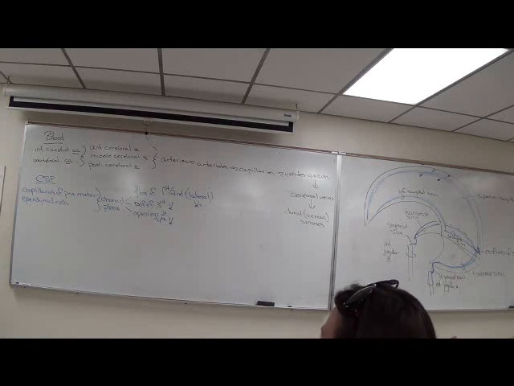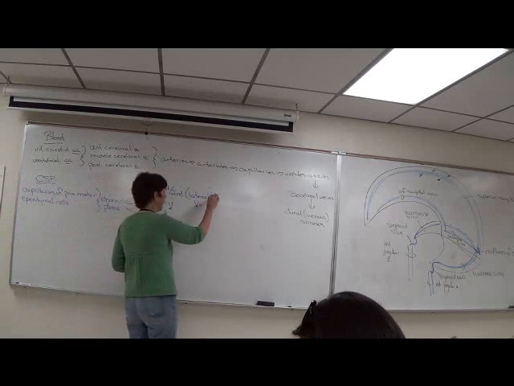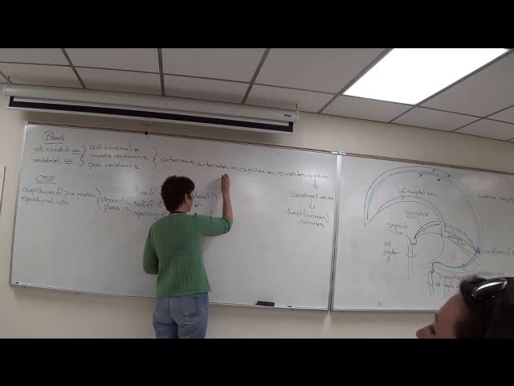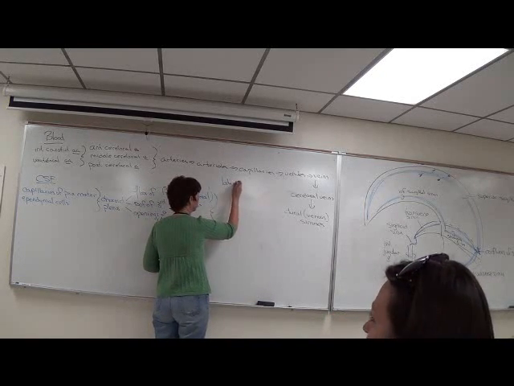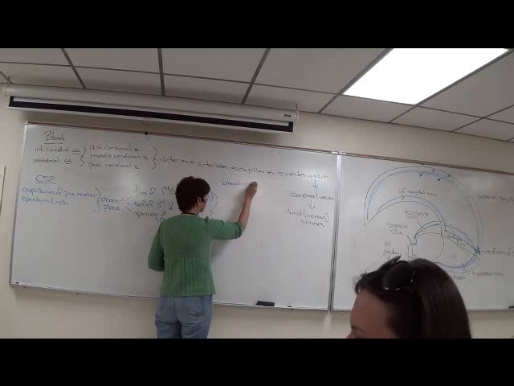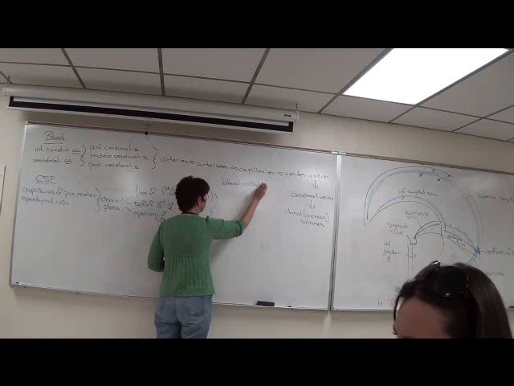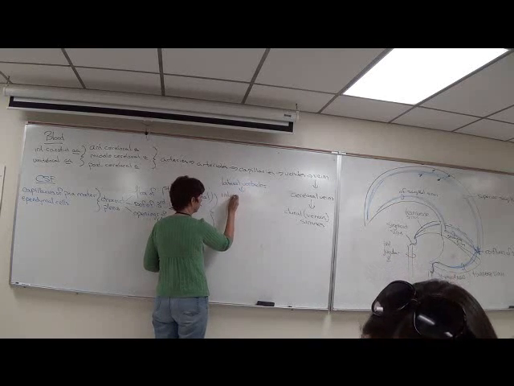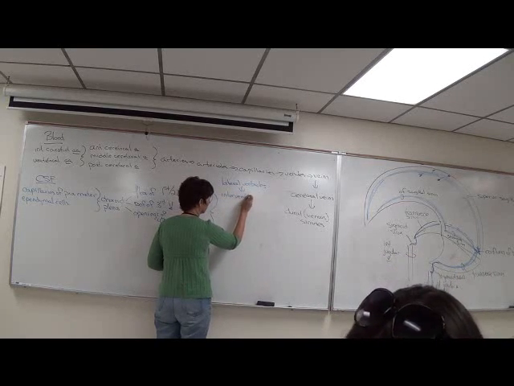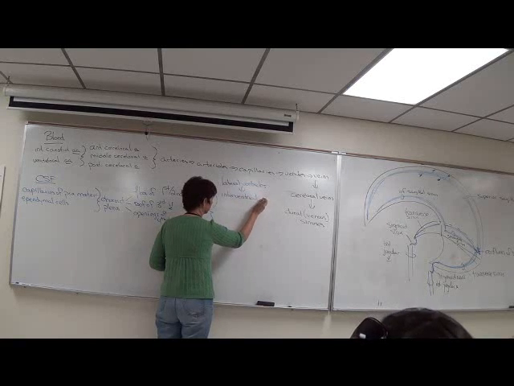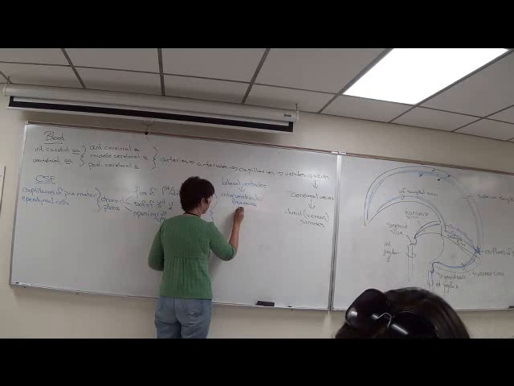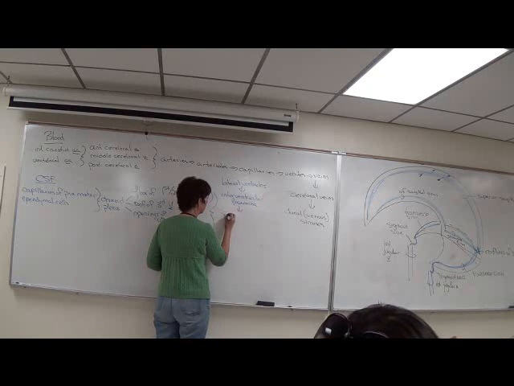Now, we've already covered this, but the CSF now is going to flow through, I'm going to do this in a vertical before I run out. Going to go from lateral ventricles, through the interventricular foramen, or foramina, to the third ventricle.